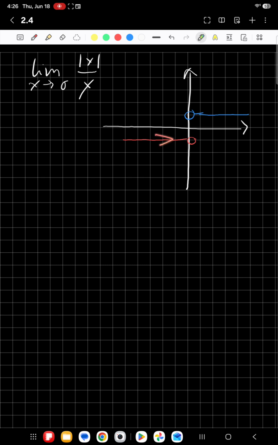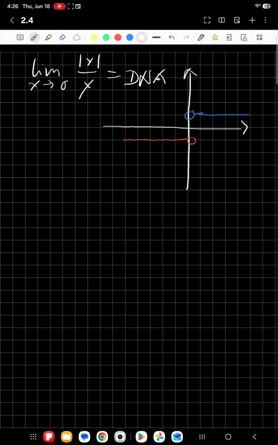When I'm approaching 0 from the left, the limit is negative 1, so the limit doesn't exist. Because from the left and from the right I'm approaching a different number for y. I hope you understand the idea of the limit.